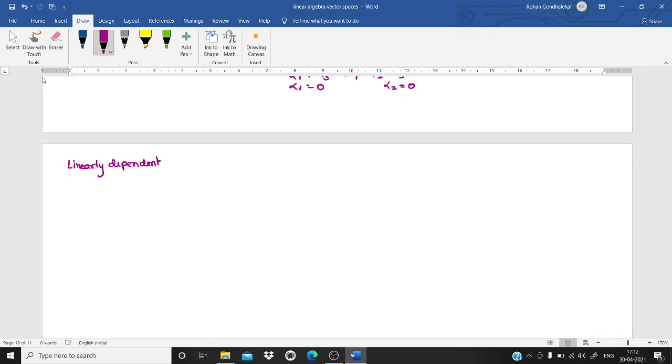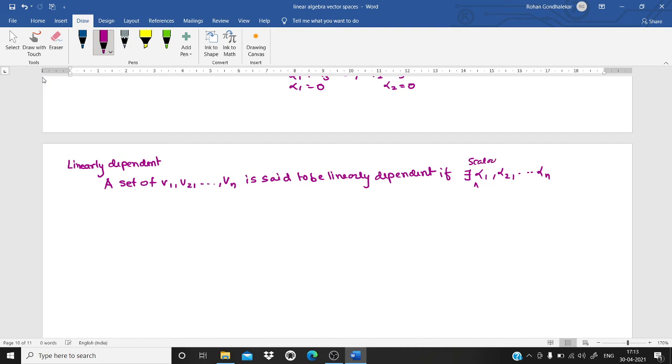Fine. Let's move on to the definition directly. A set of n vectors, say v1, v2, and so on up to vn, is said to be linearly dependent if there exist scalars alpha 1, alpha 2, and so on up to alpha n, not all zeros, or we can say not all simultaneously zeros, such that alpha 1 v1 plus alpha 2 v2 plus and so on plus alpha n vn is equal to a 0 vector.